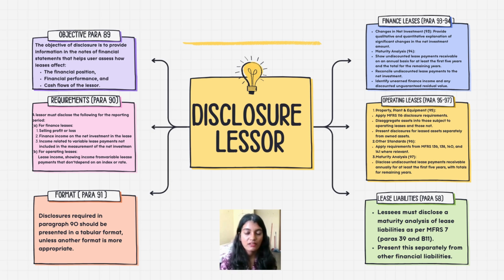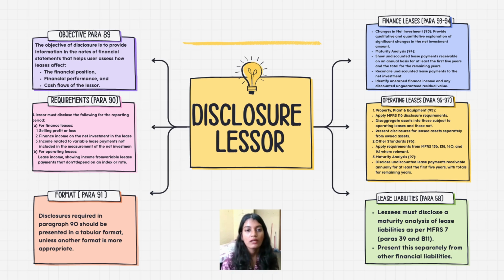For operating leases, paragraph 95 to 97, the lessor must apply MFRS 116 for property, plant, and equipment, and the lessor must also separate leased assets and owned assets. And lastly, the lessor also has to show undiscounted lease payments receivable for at least 5 years.